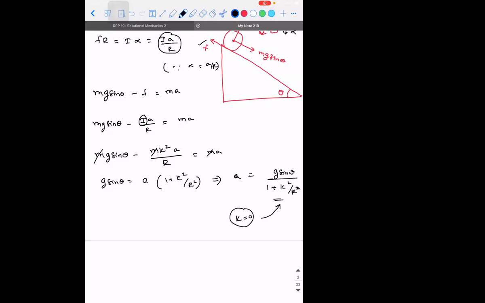Where was it? Acceleration on an inclined plane. That is only the translational acceleration, right? When an object is sliding, its acceleration is g sin theta. Whereas when the same object is rotating, it will be g sin theta by 1 plus k square by r square. So this is like a special formula also.